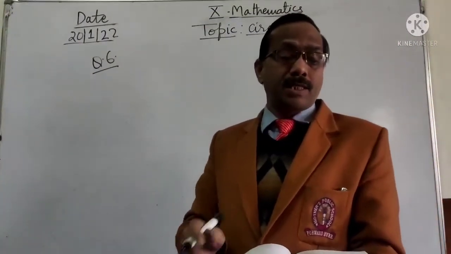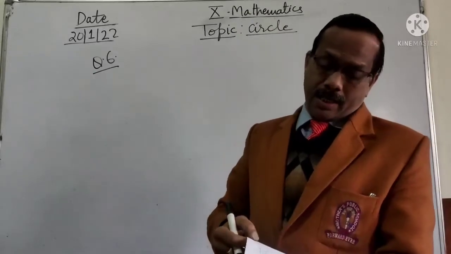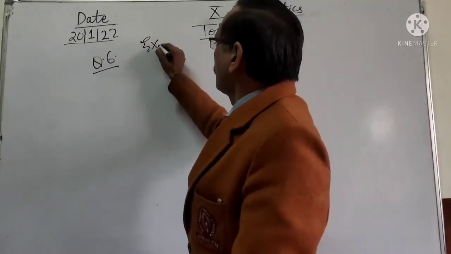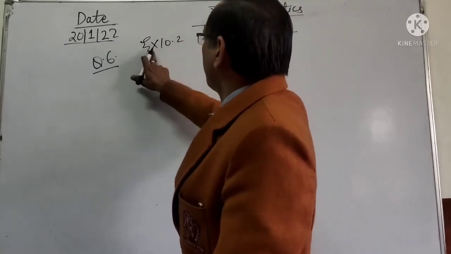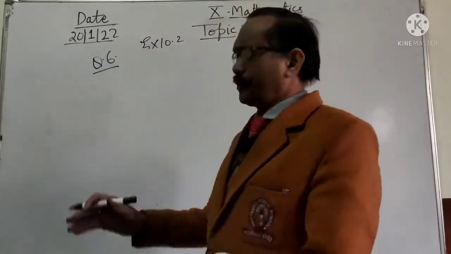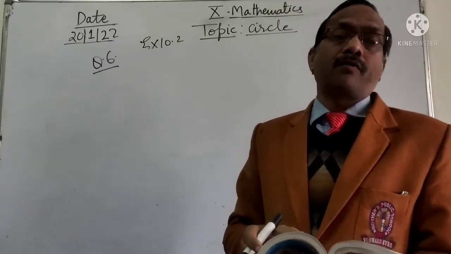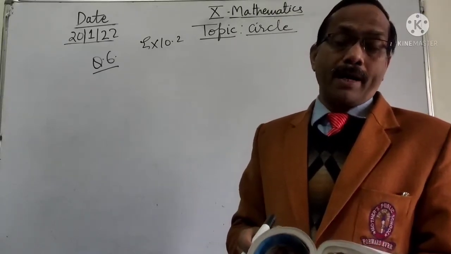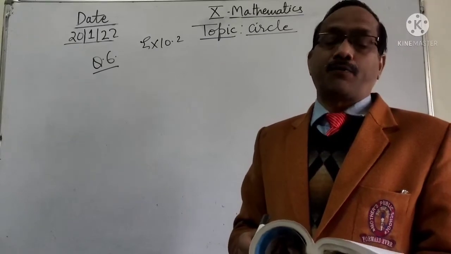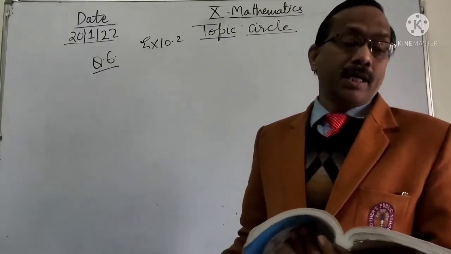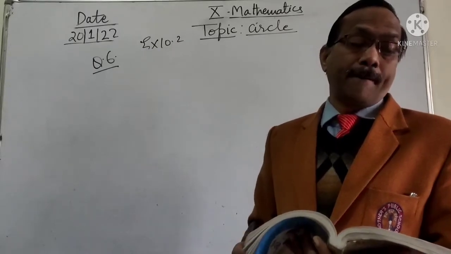Question number 6 in exercise 10.2. The length of the tangent from a point A at a distance of 5 cm from the center of a circle is 4 cm.